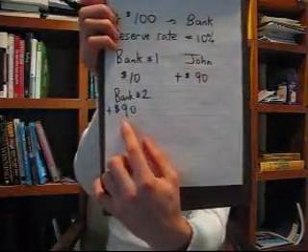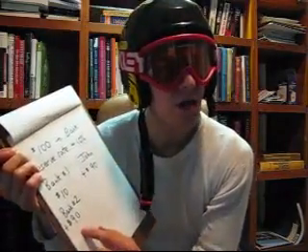So that $90 goes into John's bank account at a different bank. Okay? We'll call it bank number 2. So this is bank number 1, and this is bank 2. Bank 2 gets $90 because that's John's bank.